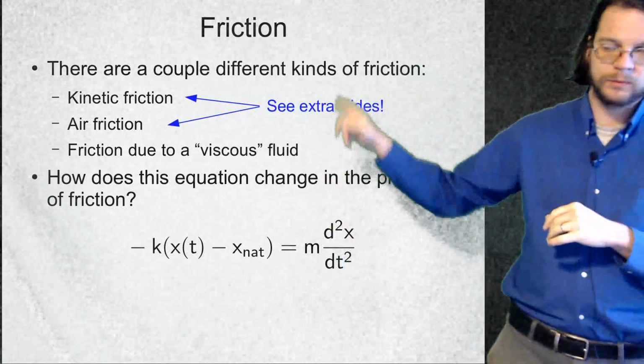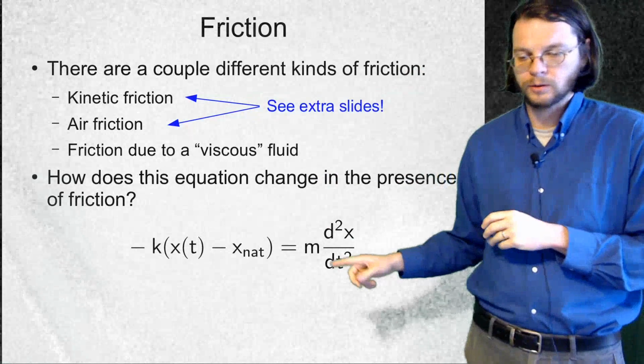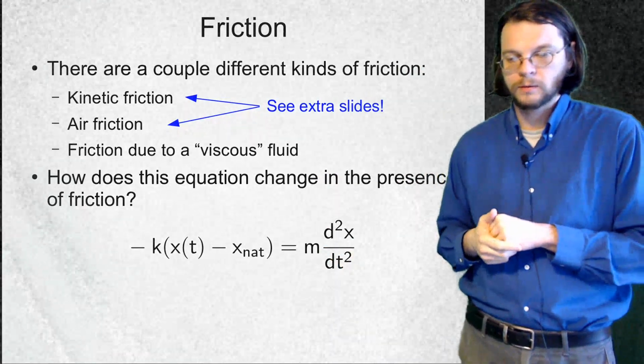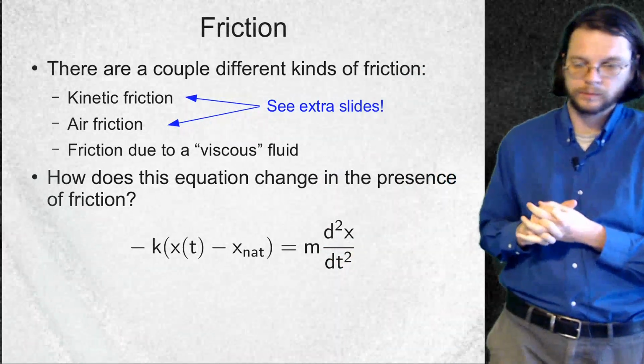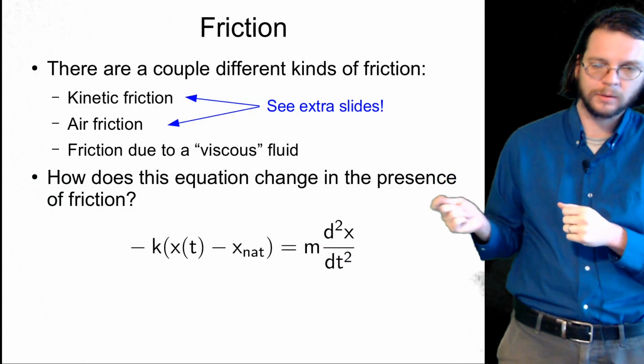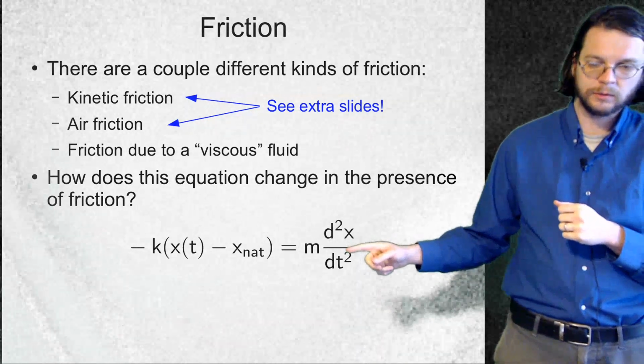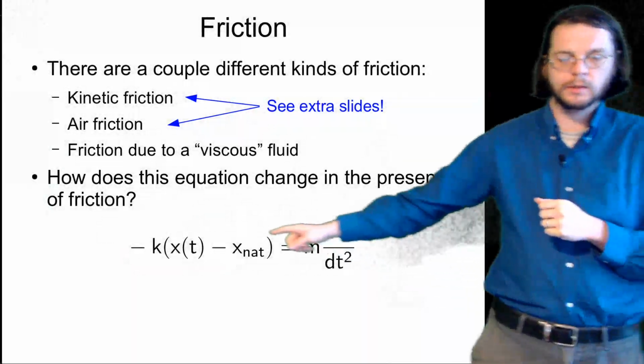Well, regardless of which one of these sources of friction we're going to consider, how does it change this equation? Because this is the equation that we were worried about before, right? And if you think about how this equation came about, this is the mass times acceleration here. That doesn't really change. But this came from the force.